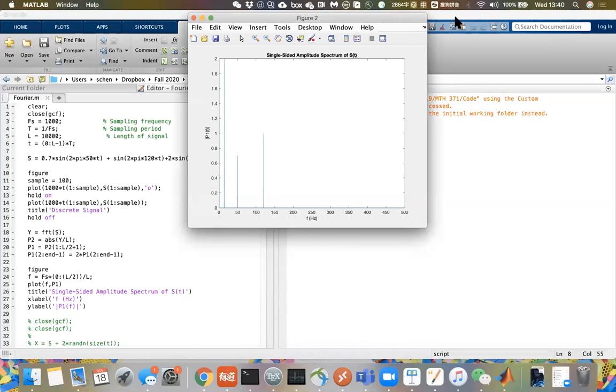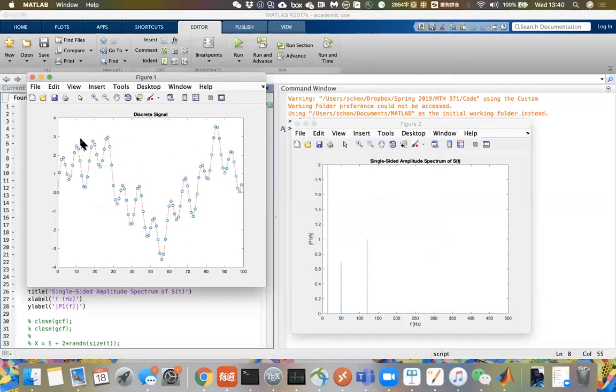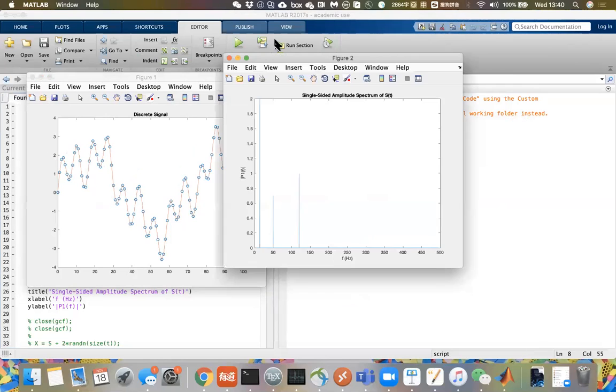Let's see what I got. This is the signal I got originally. I made up some signal, which is a composition of three signals together with different frequencies. I sampled 100 points from this signal. I fit it into the thing just now.